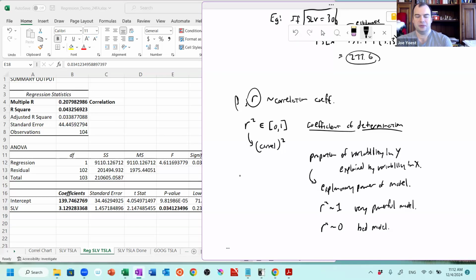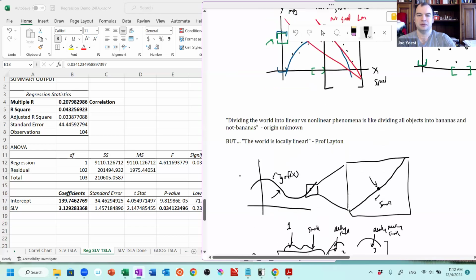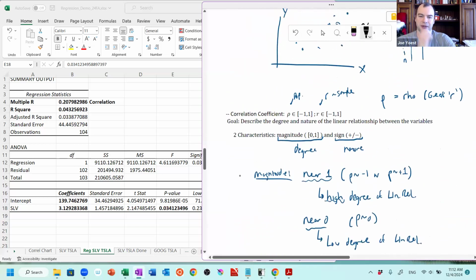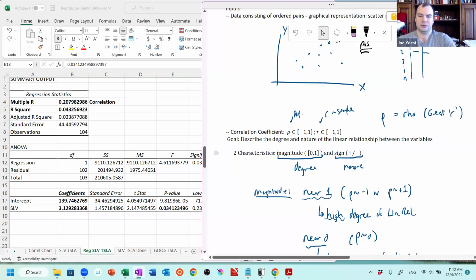This is perfectly in line with our understanding of the correlation coefficient itself. The magnitude is between 0 and 1. If I take a number close to 0 and square it, it's a number close to 0. If I take a number close to 1, like 0.99, and square it, it's about 0.98, still close to 1.